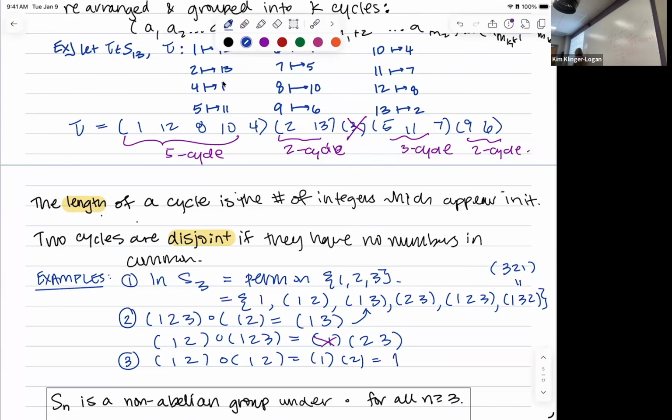And so we can see, as this basic example, we have a 2 cycle. What's the order of that element? It's going to be 2. And this generally holds.